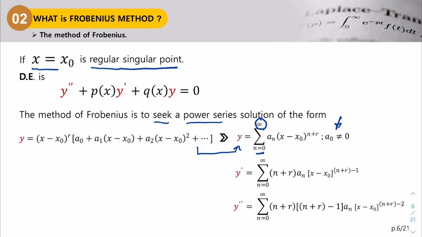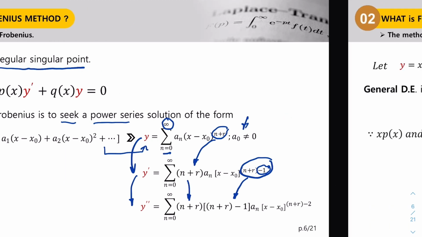Okay, and after that we differentiate the y term, we get y' equals the sum from n equals 0 to infinity of (n plus r) a_n (x minus x0)^(n+r-1). And after that we do the same, we get y'' equals the sum from n equals 0 to infinity of (n plus r)(n plus r minus 1) a_n (x minus x0)^(n+r-2).